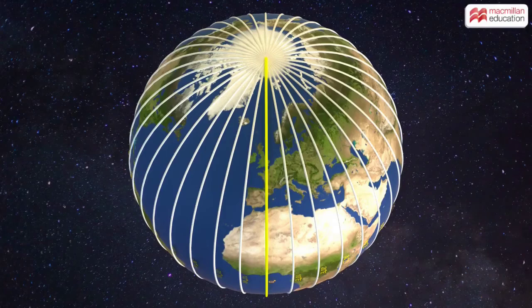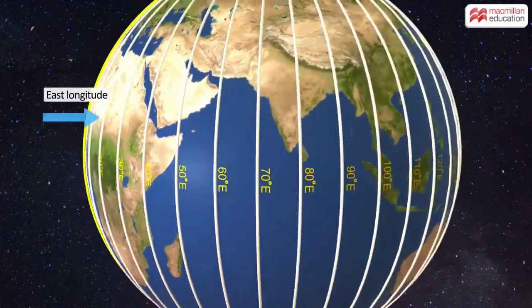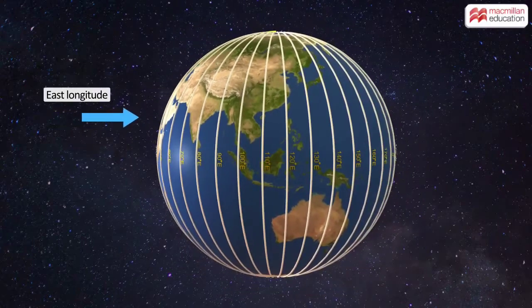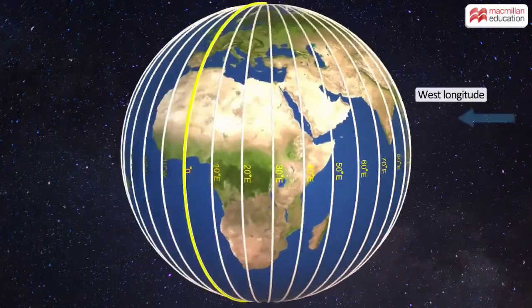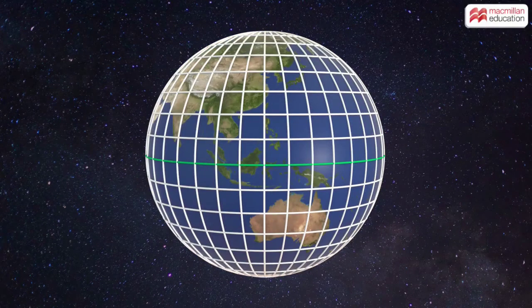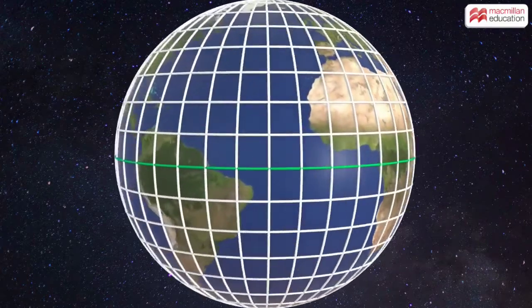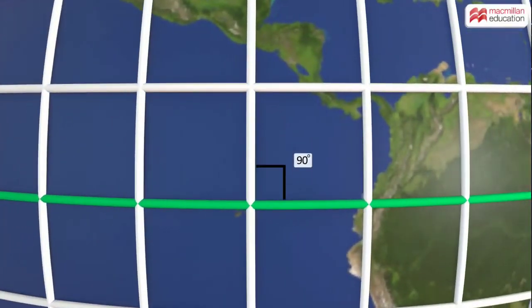One half of the world is measured in 180 degree longitudes of east, while the other half in 180 degree longitudes of west. Both the latitudes and longitudes form a grid in which they intersect each other at right angles.